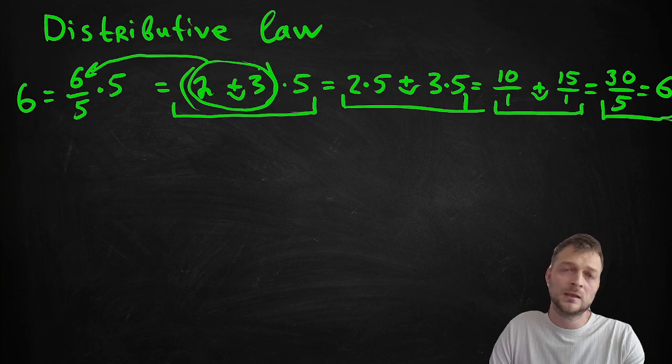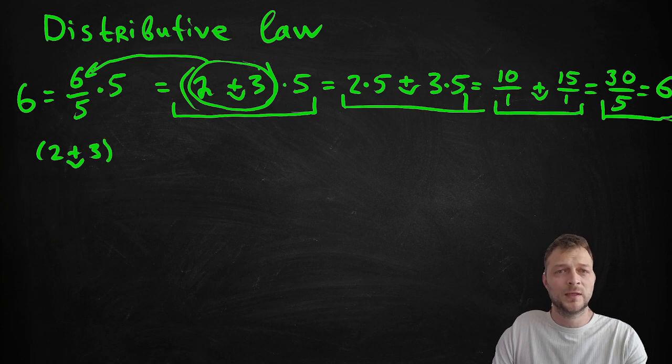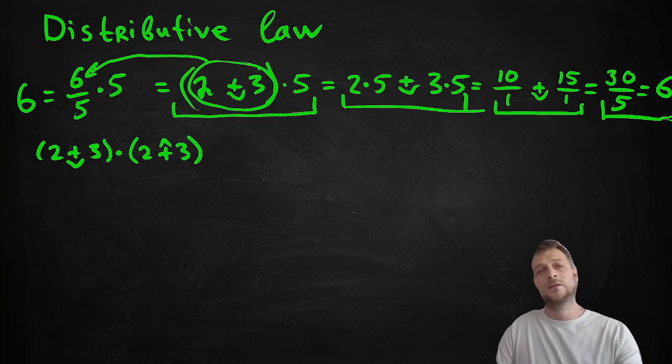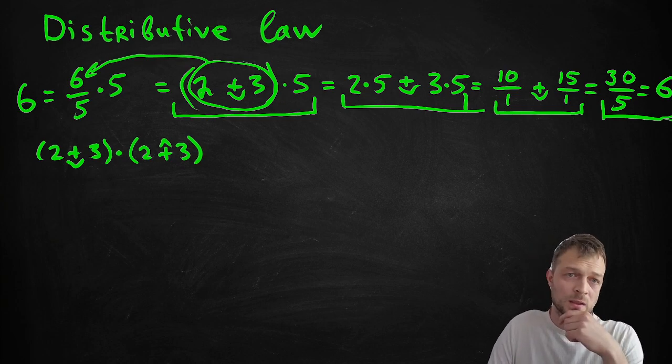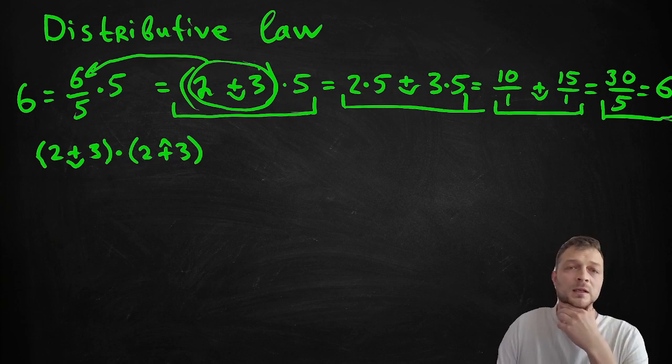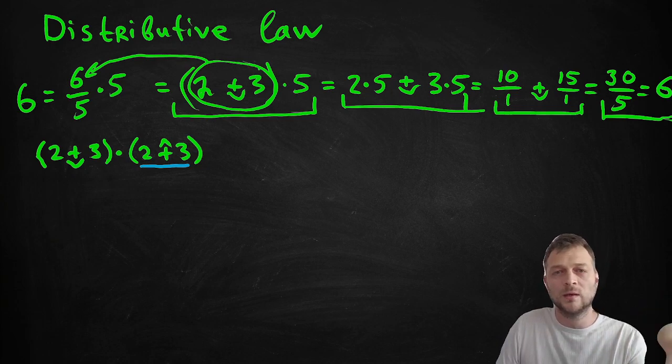Let's consider another example. Let's say I want to compute 2 plus 3, the non-standard plus, multiplied by 2 plus 3 with the standard plus operation. How do we open parentheses in this case? Here we can notice that this can be computed and become just one number.